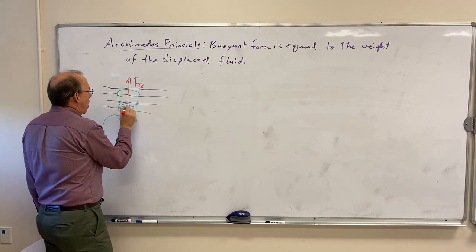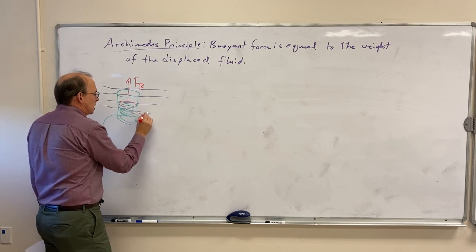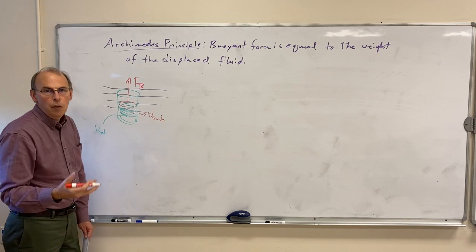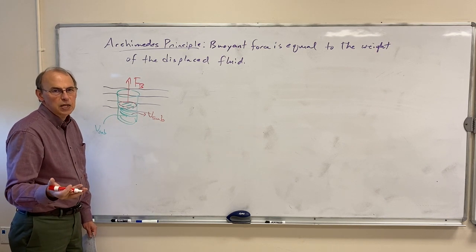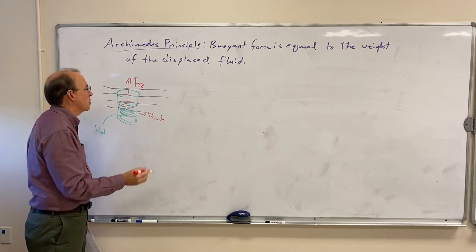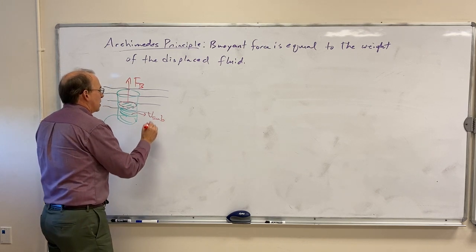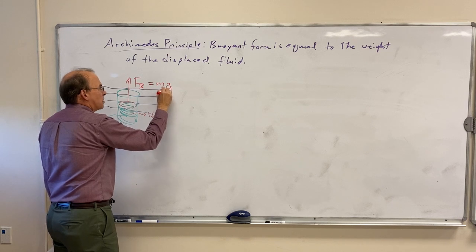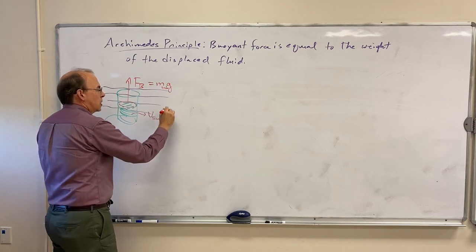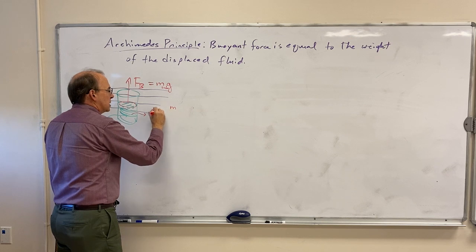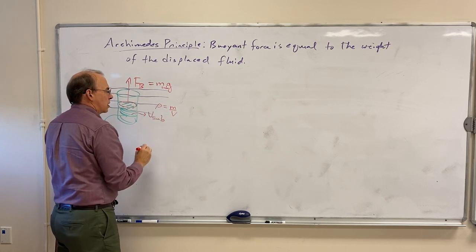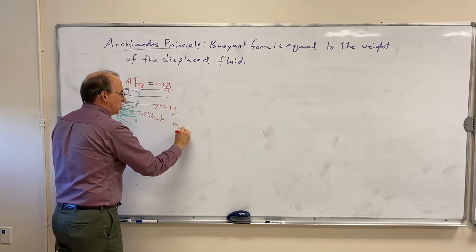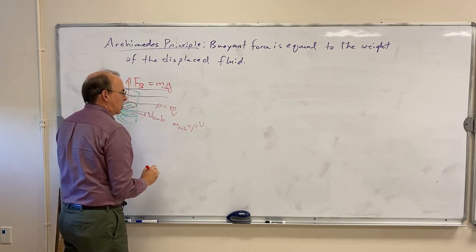Okay, well the volume of the fluid displaced is V submerged. That's what I'm calling submerged. I could call it displaced, but most people call it V sub for submerged. We know that buoyant force is mg, where this is the mass of the submerged fluid, but we know that density is mass over volume, so the mass of the submerged fluid is its density times its volume.